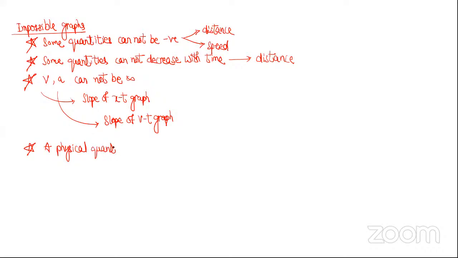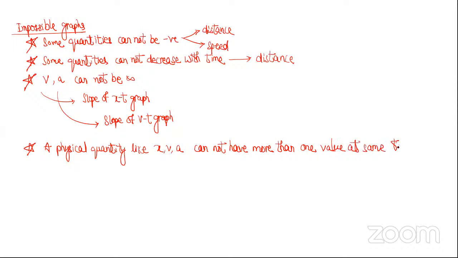A physical quantity like position, velocity, acceleration cannot have more than one value at same time. So अब ग्राफ ऐसे नहीं होना चाहिए कि उसमें दो वेलोसिटी है बॉडी का, दो एक्सेलरेशन है, राइट?